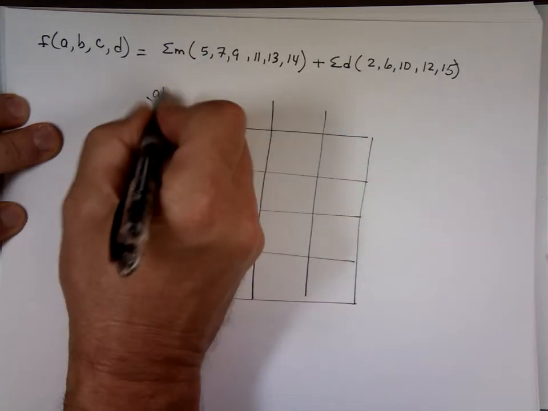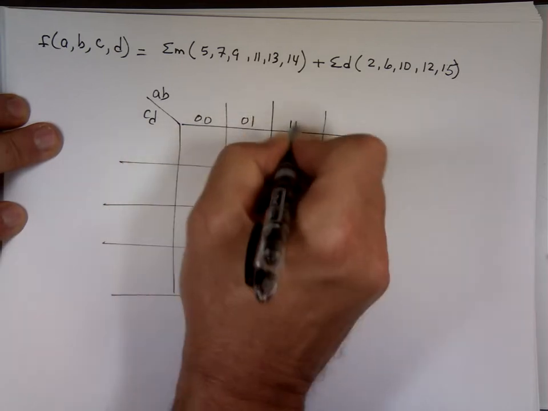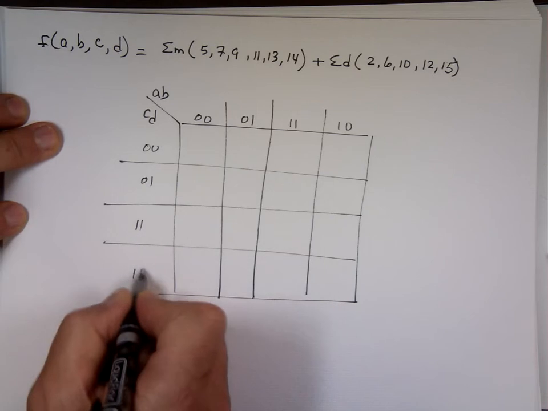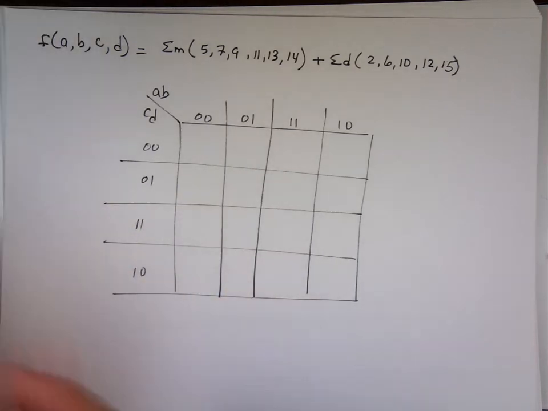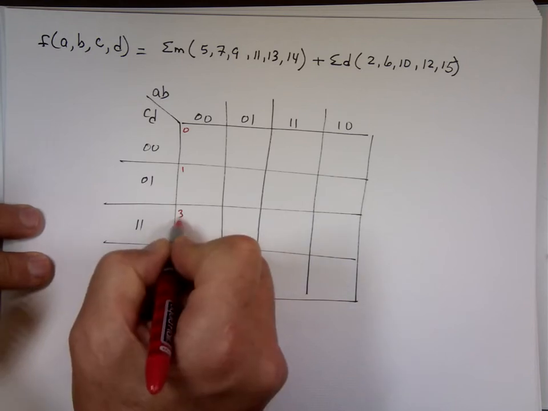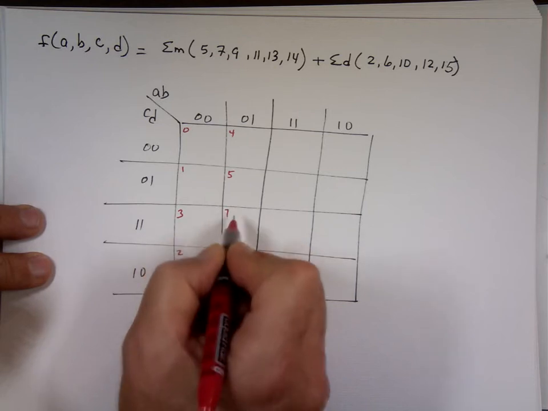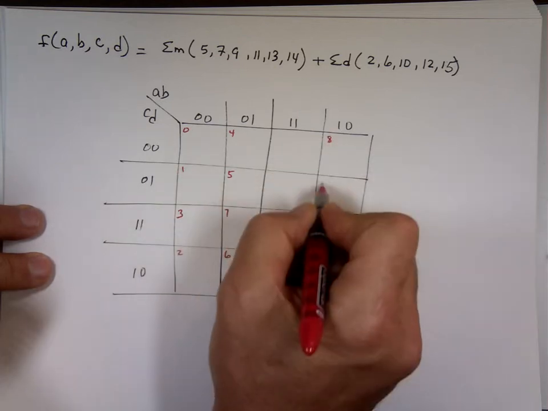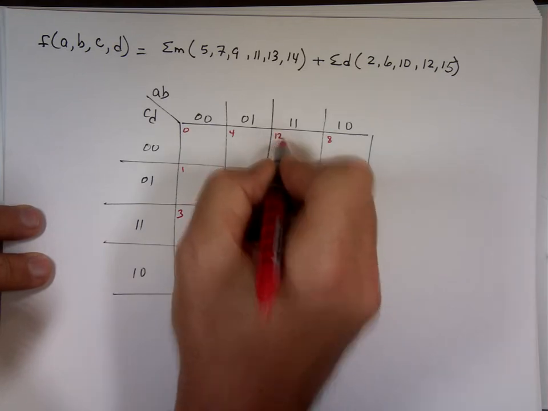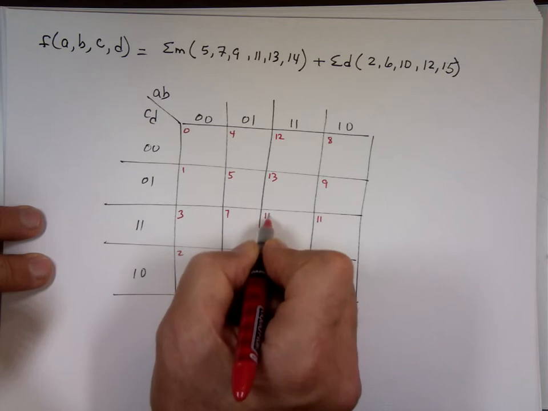A, B, C, D. Again, this location 0, 1, 2, 3, 4, 5, 6, 7, 8, 9, 10, 11, 12, 13, 14, 15.